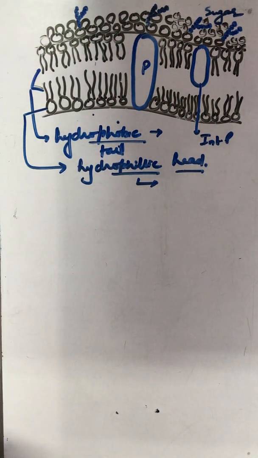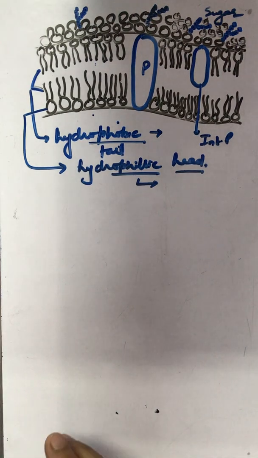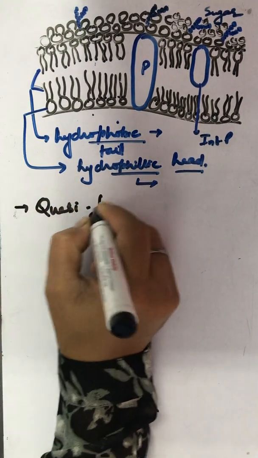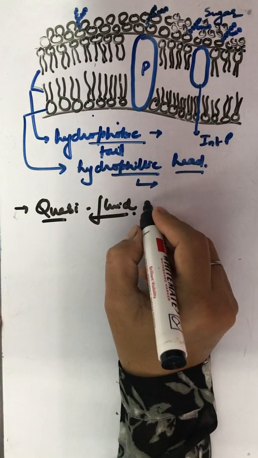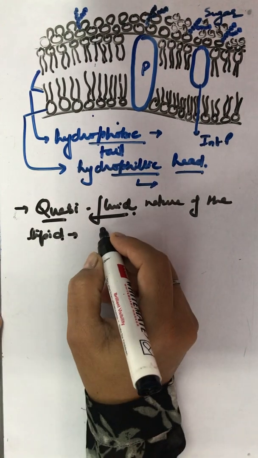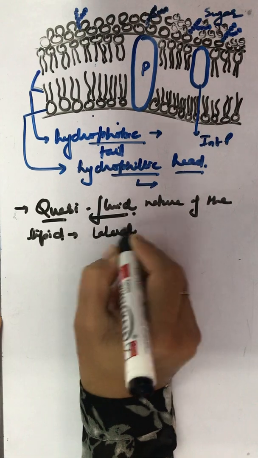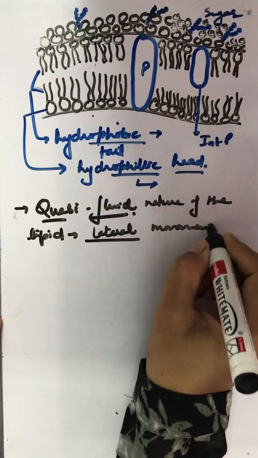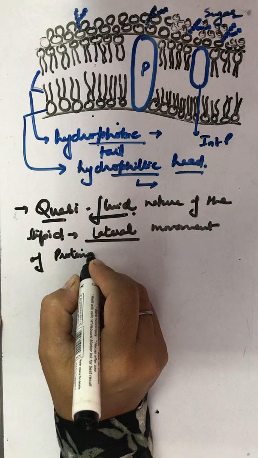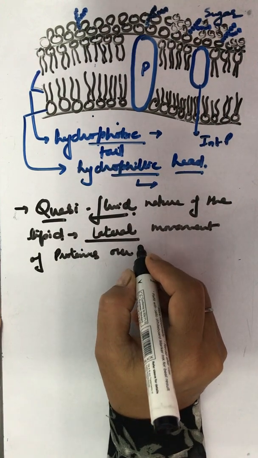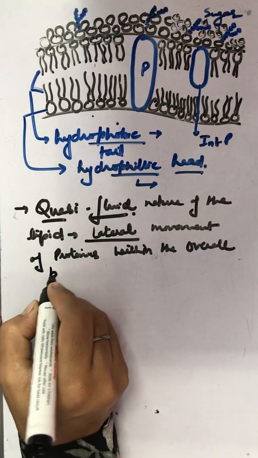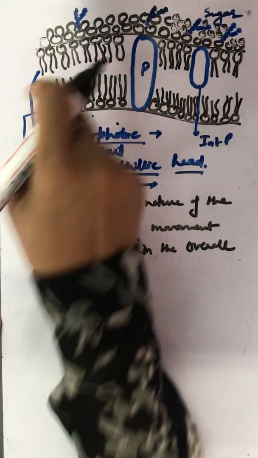According to this model, we say the quasi-fluid nature of the lipid, that is, the liquid nature of the lipid, enables the lateral movement of proteins within the overall bilayer of lipid molecules.